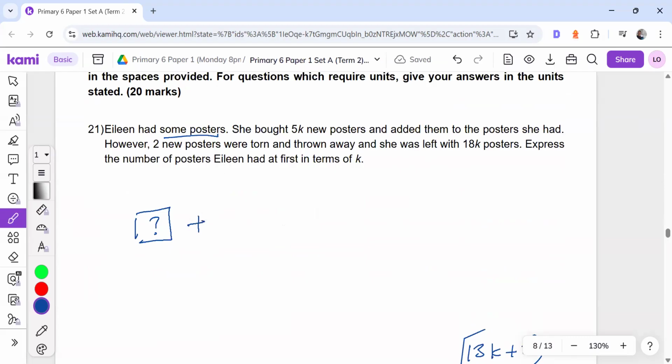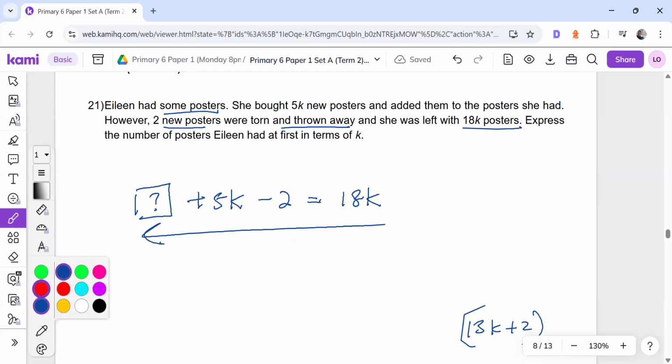She bought 5K new posters, and then 2 new posters were torn and she threw away. Throw away means you minus 2. So you bought 5K posters and then you throw away 2. And now she was left with 18K. Isn't this quite familiar from your primary 3? Something like working backwards. So you start with 18K, and you work backwards, minus becomes plus 2.